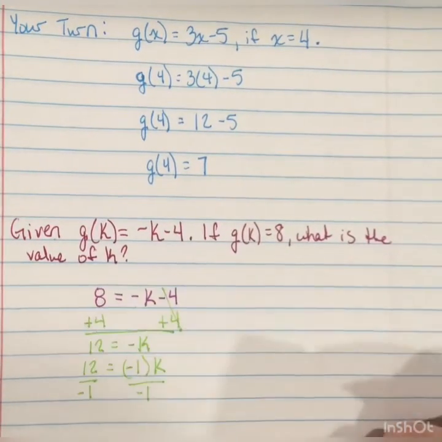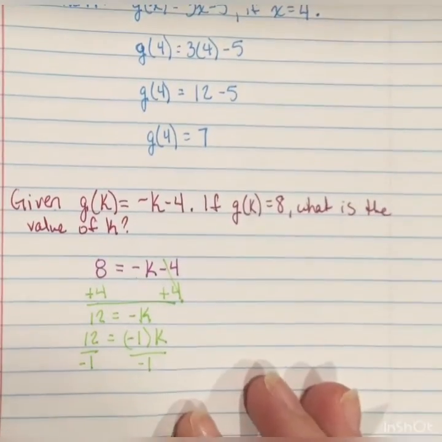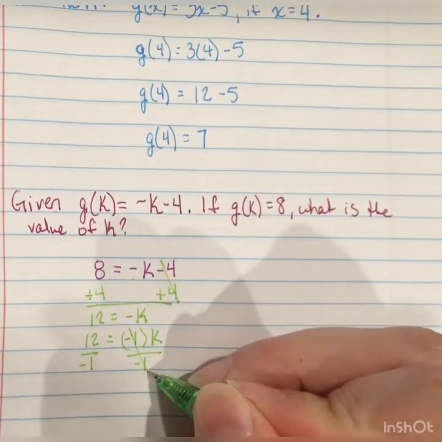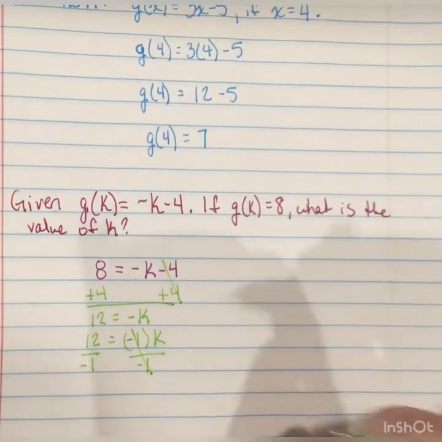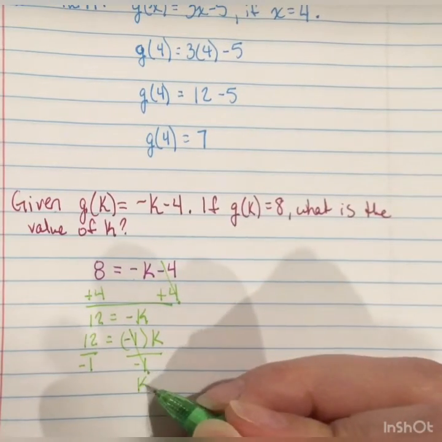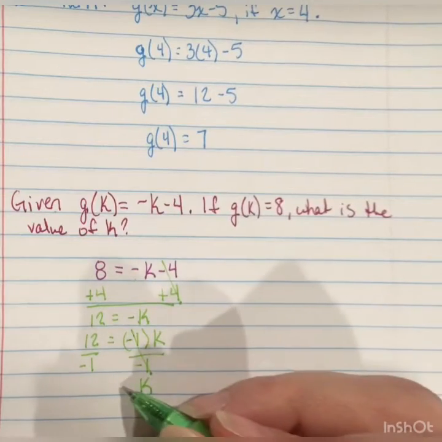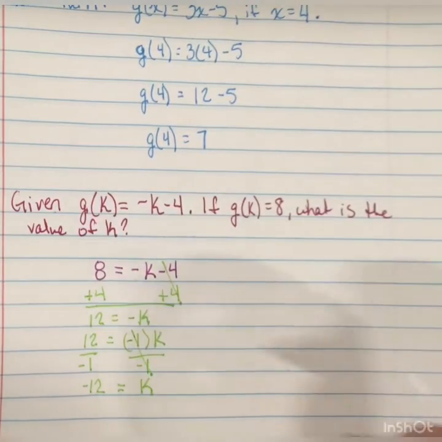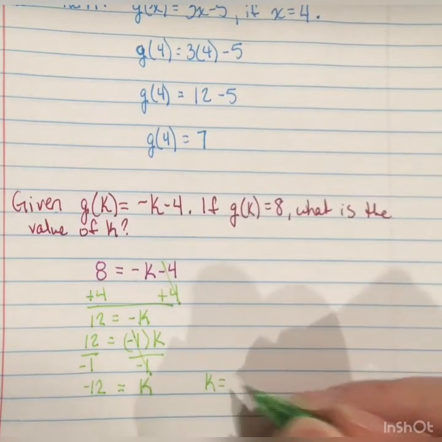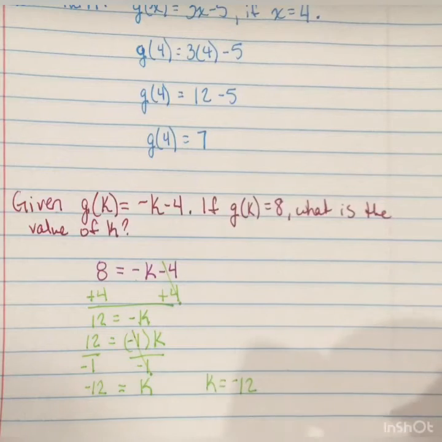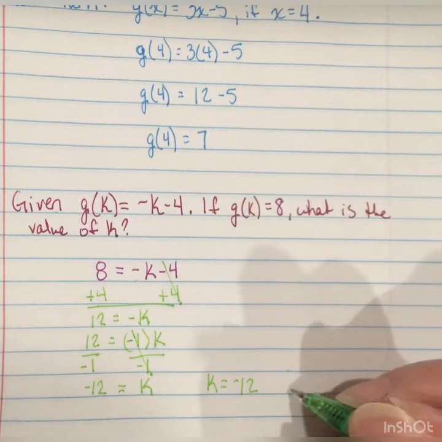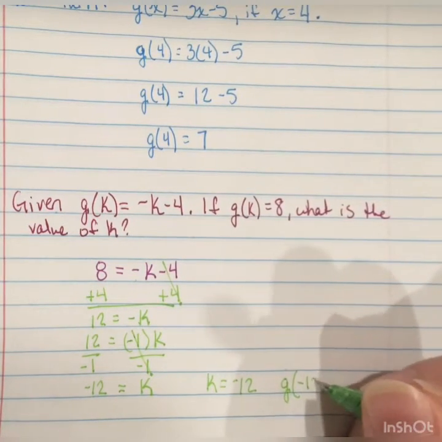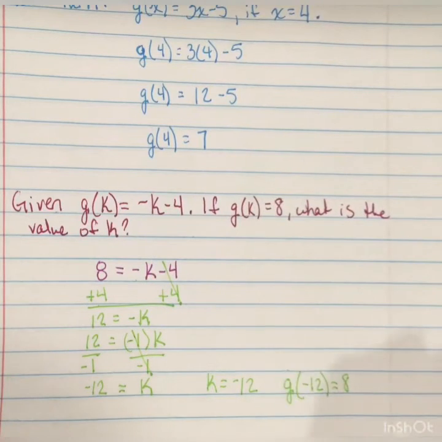Got to do the same on both sides. Whatever you do to one side, you do to the other. And so these will cancel out. Negative 1 divided by negative 1 is just 1. So we don't write 1, we just write k by itself. And our answer will be negative 12. So we come up with k equals negative 12. Or we can write g of negative 12 equals 8.